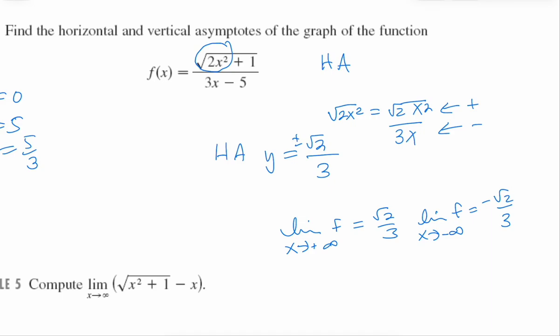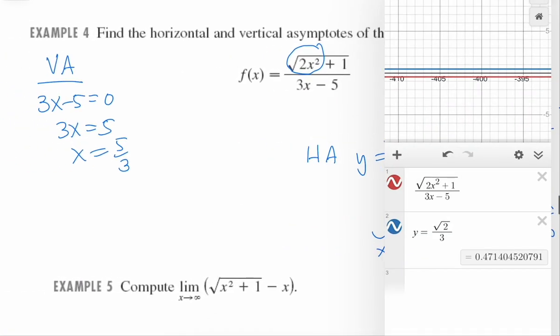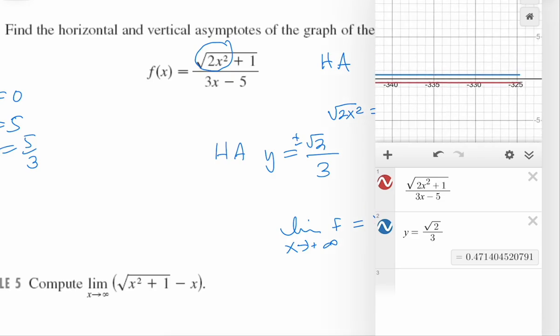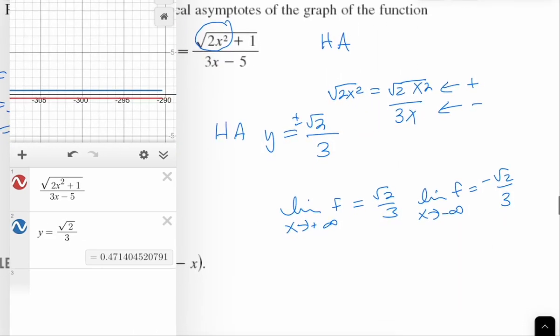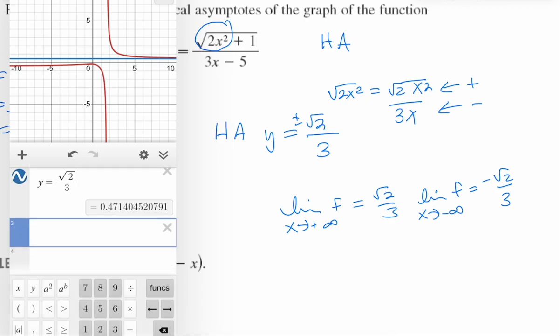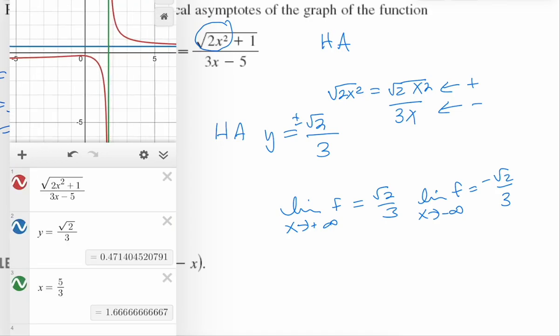Okay, so you found that. So then if you put in the vertical asymptote, let's go back. The vertical asymptote is x equals 5/3, and it should show up, and it does. It splits that right down the middle.